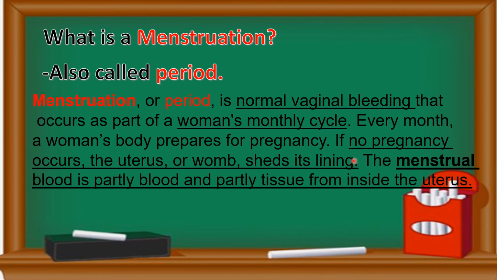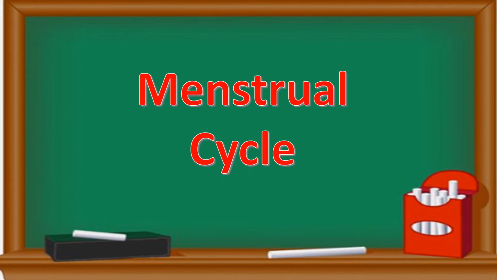When you say sheds, there will be breakdown of the lining of the uterus. That's why you have blood flow, because it's rich in blood vessels. So the menstrual blood is partly blood and partly tissue from inside the uterus. So this is how your menstrual cycle begins.